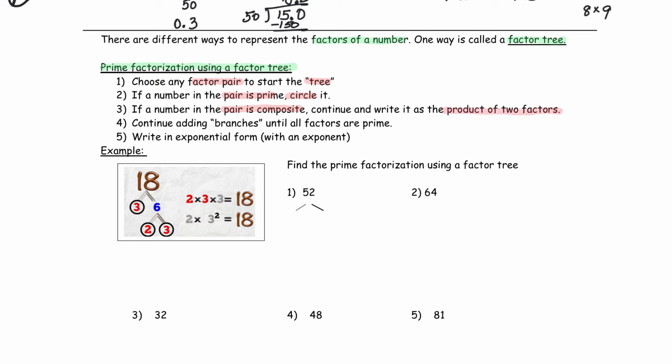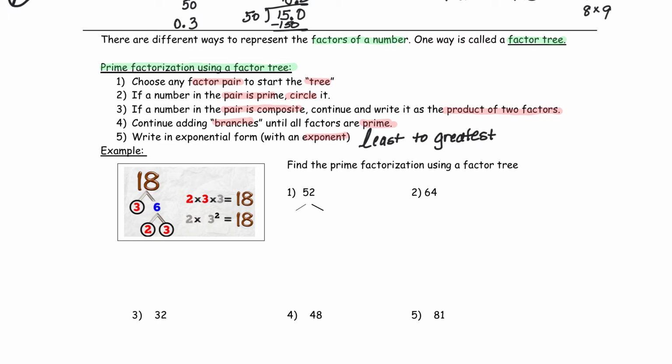Step 4, continue adding branches until all factors are prime. And then lastly, write in exponential form with an exponent from least to greatest. So that's important, we want to include that least to greatest. Okay, it just keeps everything organized and you'll get it right every time if you keep it all organized.